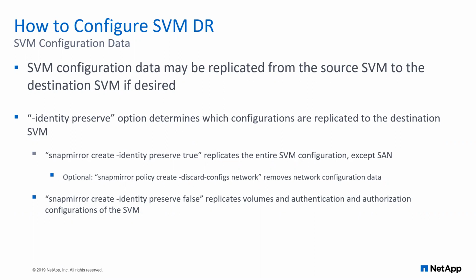And of course, if your destination SVM's in a different subnet, there's a really good reason you wouldn't want to transfer that network configuration data. Then of course, identity preserve can also be set to false, in which case you'll only be replicating the constituent volumes of your SVM and then the authentication and authorization configurations of that SVM.